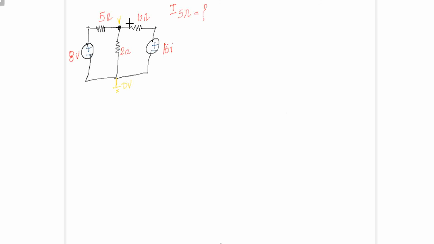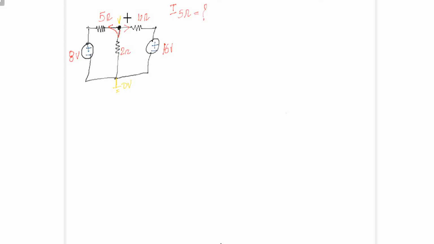Now let us write KCL. Before writing the KCL, we have to specify the current direction. Always at the node, specify the current direction as outward, and consider the node voltage as the dominant voltage.